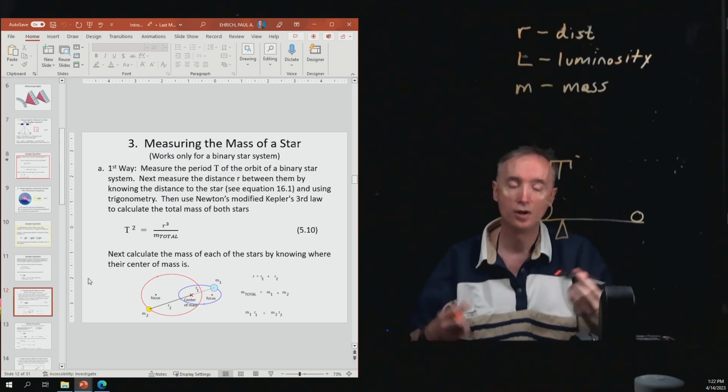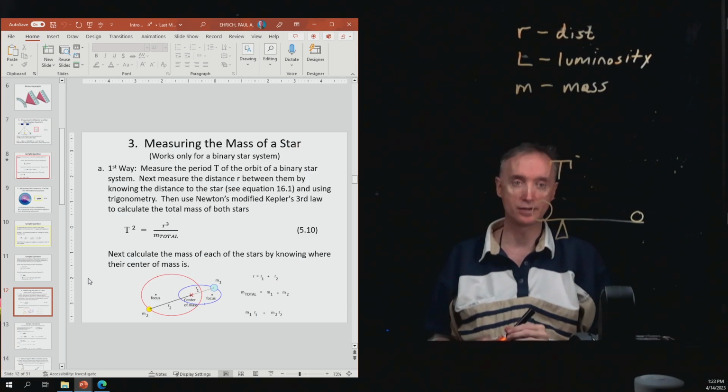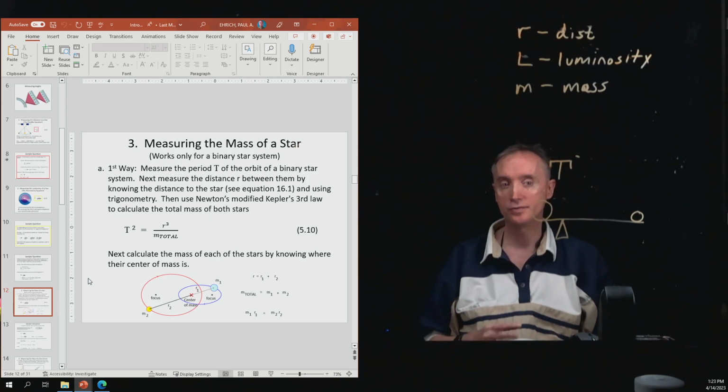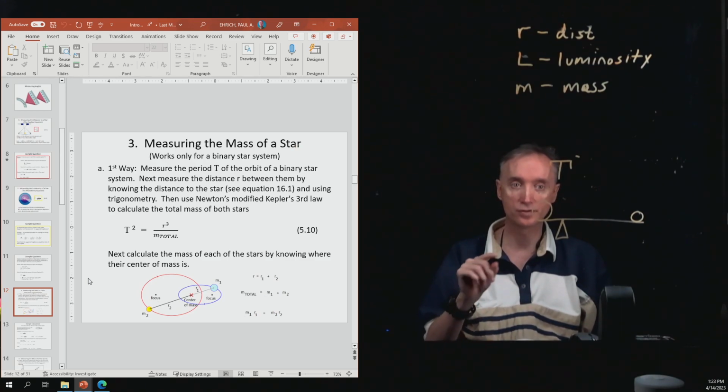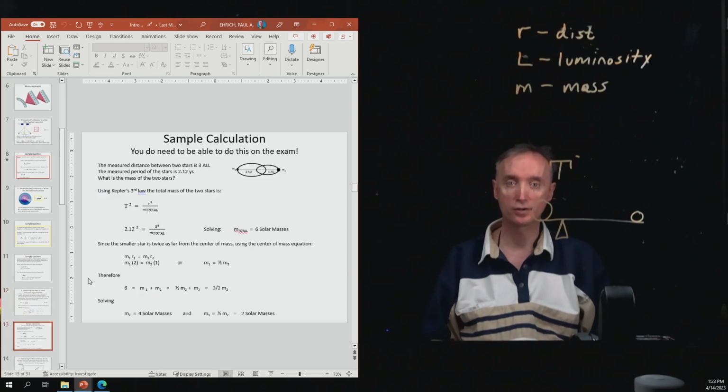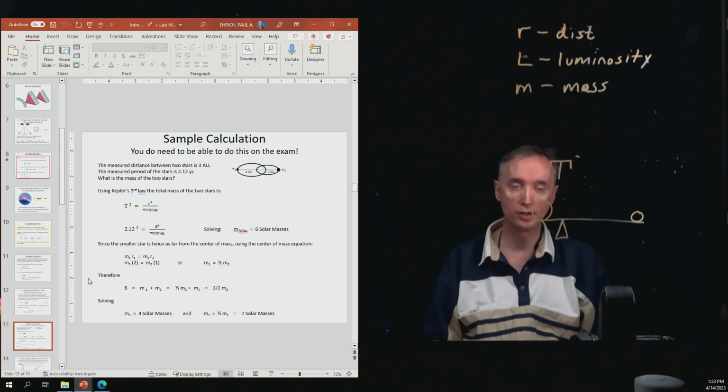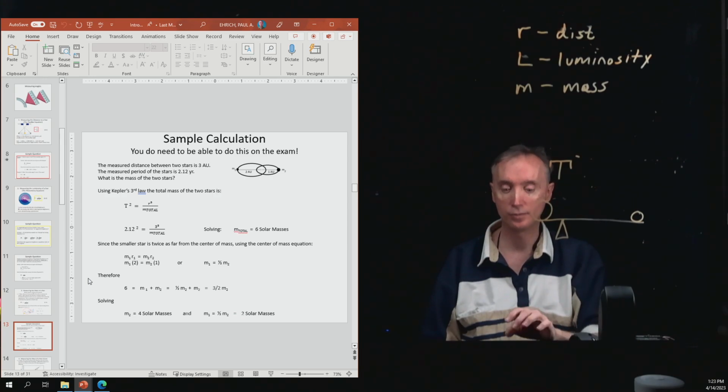So just know what I mean by center of mass. By combining center of mass and Kepler's laws, we can figure out the mass of a star. Here is a sample calculation for you, which you don't need to worry about for the exam. I'm just including one so that you can see that it can be done.